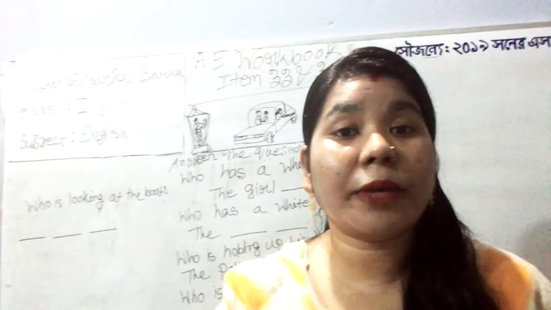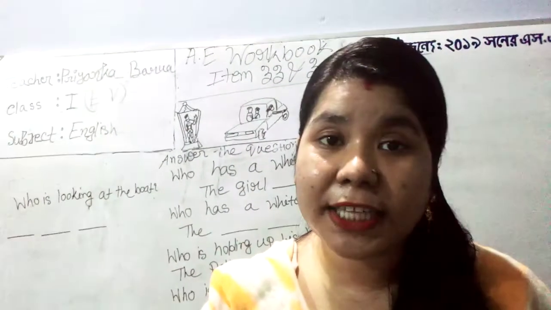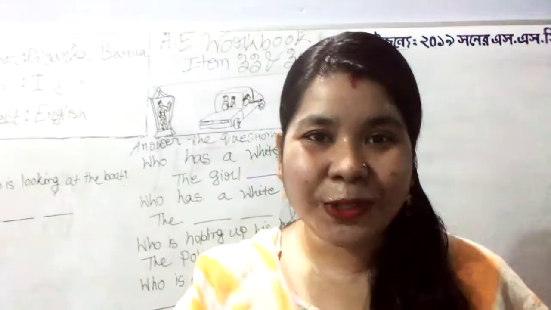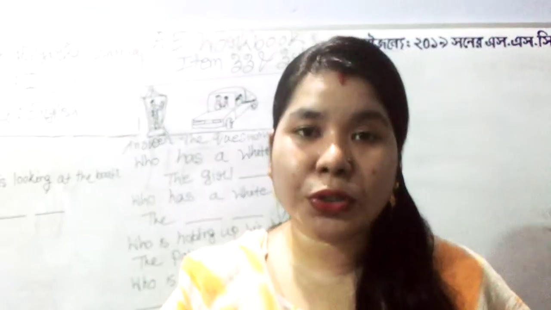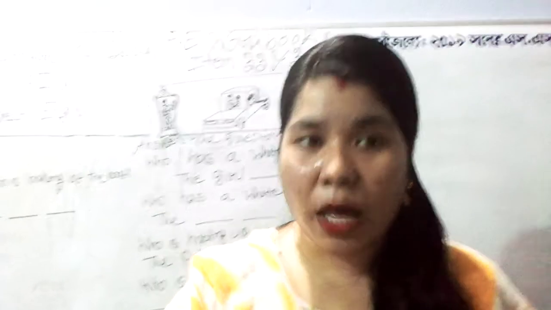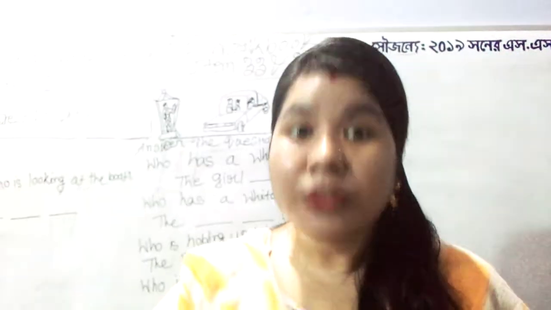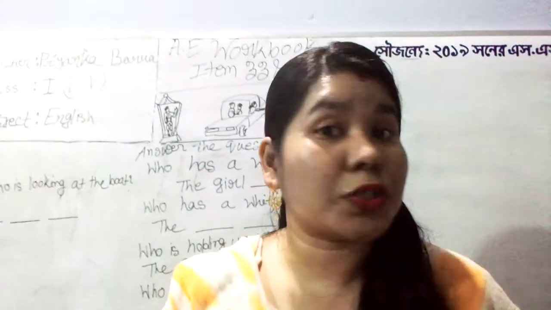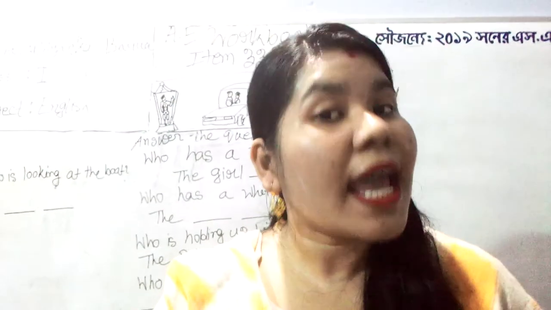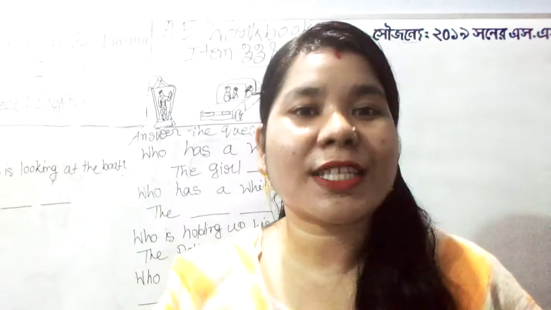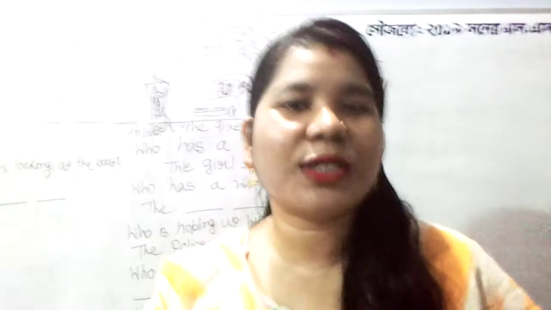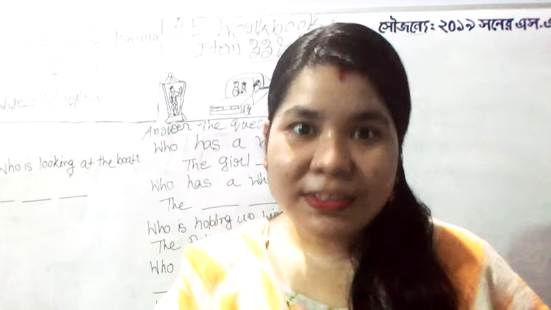Whatever auxiliary verb is given in your question, that would be the same in the answer also. So all you need to do is indicate the noun first, then put the auxiliary verb that is also given in your question. Without wasting any more time, let us go through the text.